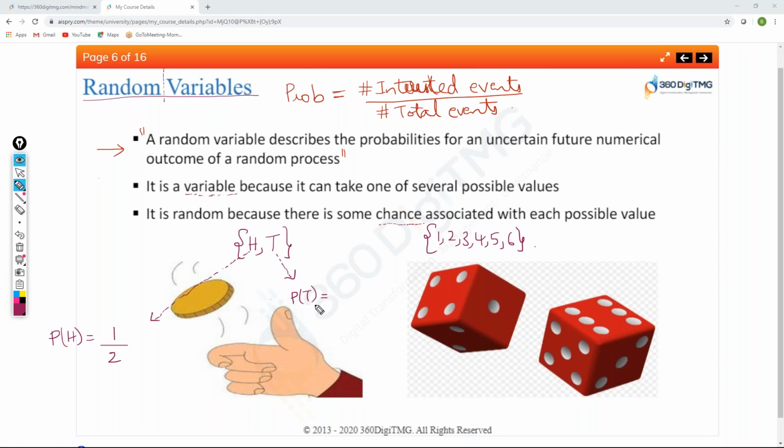What is the probability of getting a tail? You are interested in tail, and tail is a single event divided by total number of events. The total number of events is 2. So 1/2.